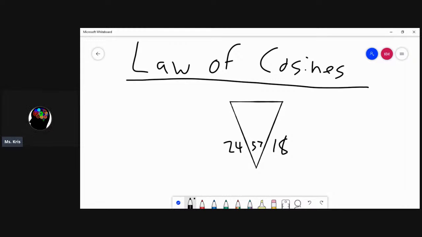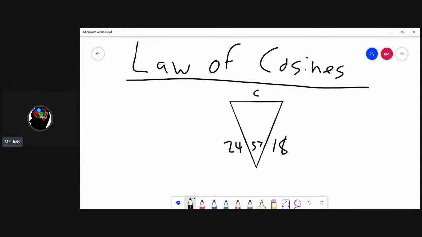And what you're trying to find is that third side. Once you find that third side, then you can begin to do law of sine. But in order to get the third side, and you have two sides with an angle in between, you must do the laws of cosine.